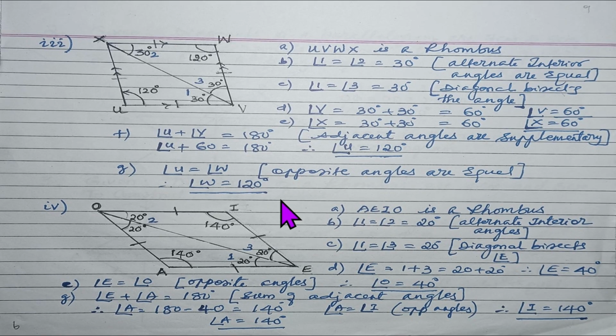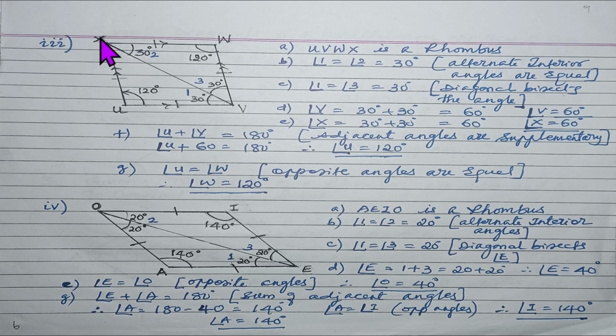Now coming to the next example, we are given UVWX is a rhombus, and here we have to find the angles. Angle 1 and angle 2 are equal because they are alternate interior angles, therefore this is 30, that also will be 30 degrees.